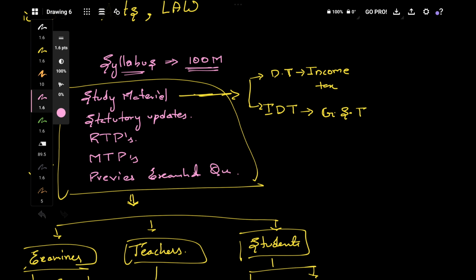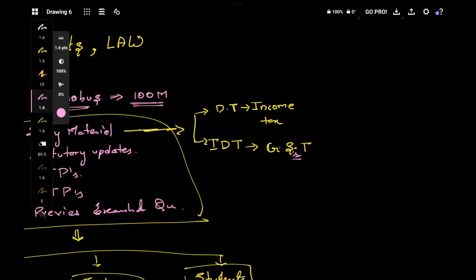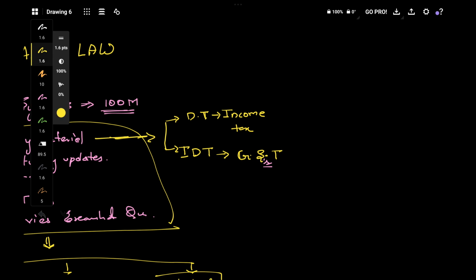It's not goods and service tax, it's goods and services tax. There is an extra S here, services tax. So what is income tax? It's not tax actually. One second. It's income tax law actually. It's law. What is income tax law?